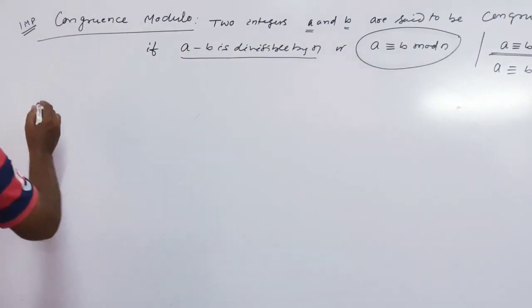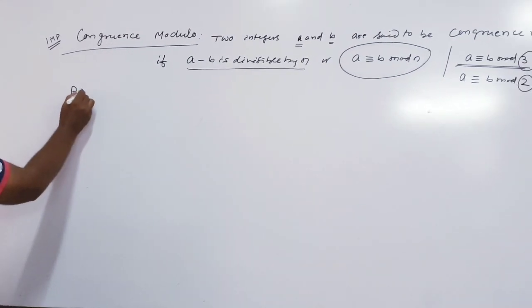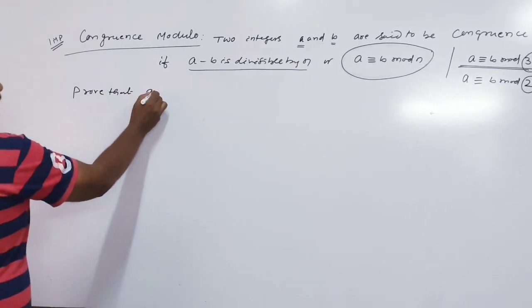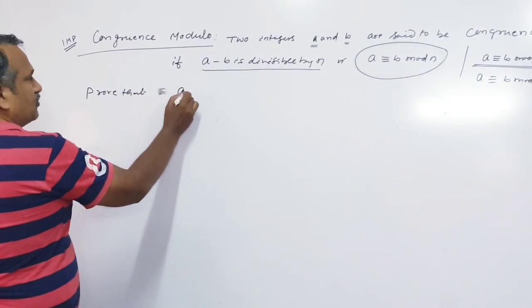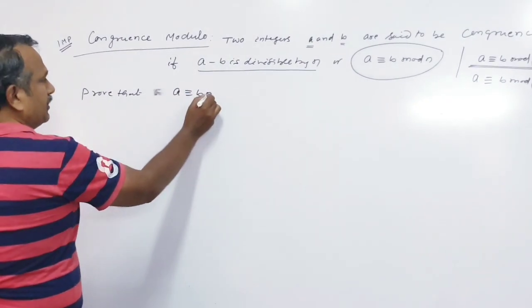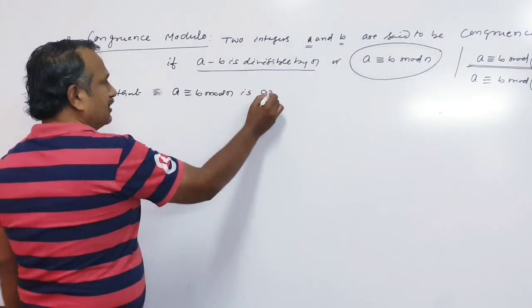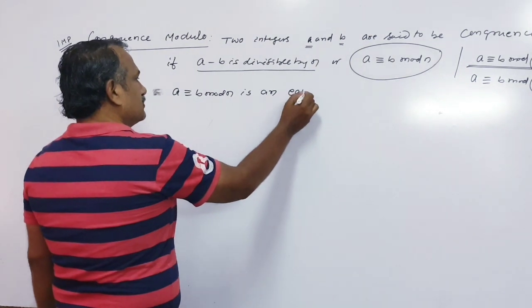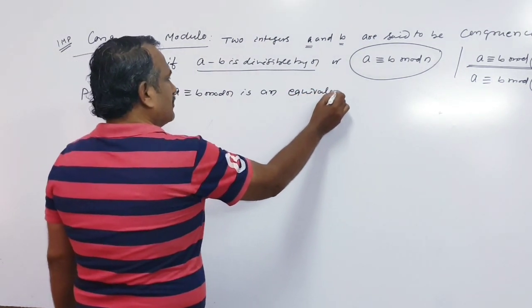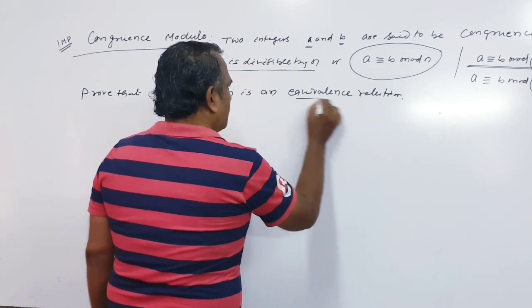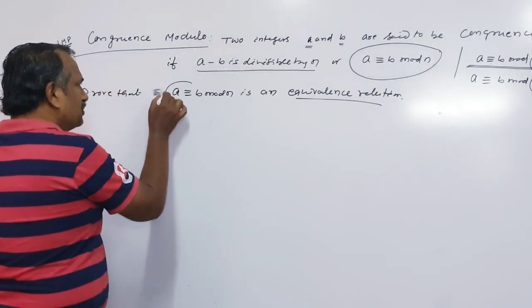Okay. Now prove that a is congruent to b mod n is an equivalence relation. Okay, a is congruent to b mod n.